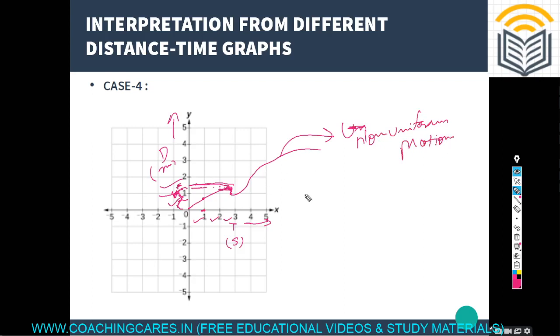So you can understand the interpretation of this distance-time graph very easily. I hope you are now able to understand uniform, non-uniform and rest positions on a distance-time graph.